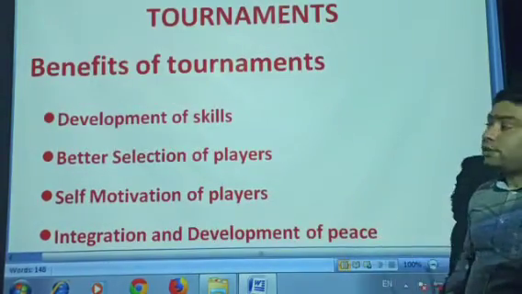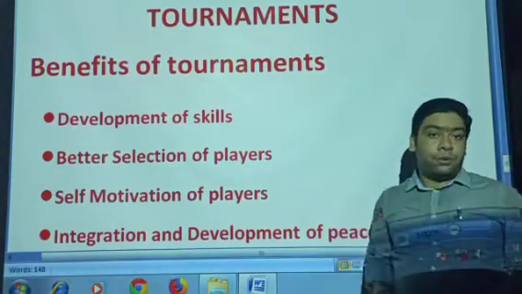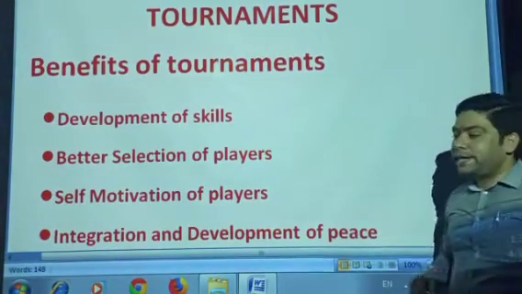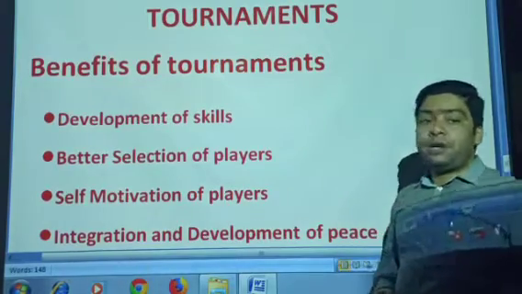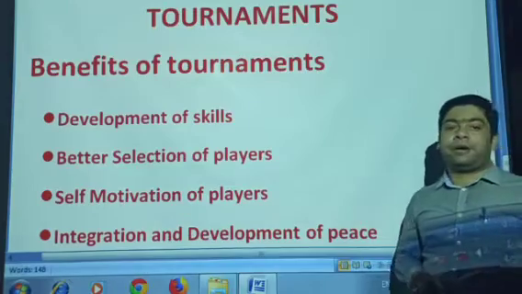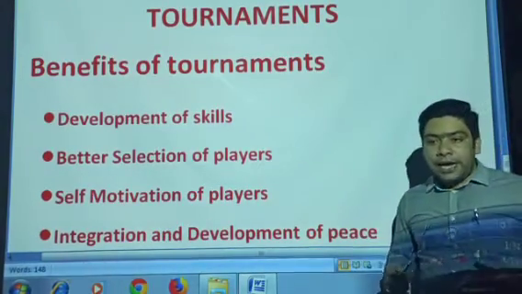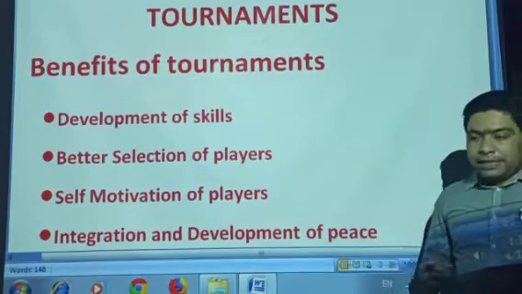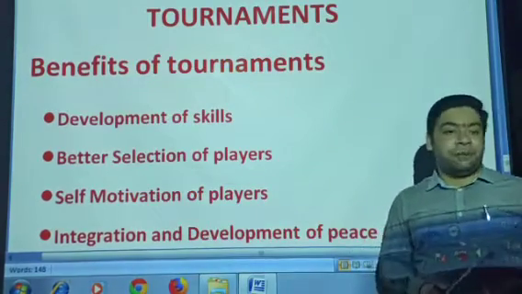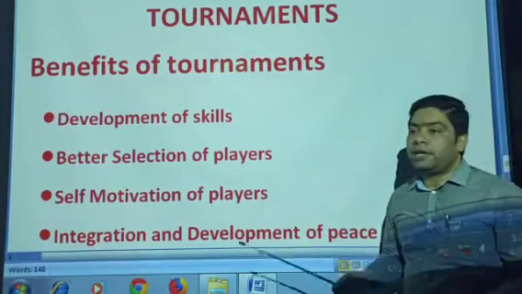What is a tournament? First, we are discussing the benefits of tournaments and what a tournament is. A tournament is a way where different teams or a particular team arrive at a particular place and play together. In this way, they enhance their quality, improve their relations, and build up their economic power for their country.